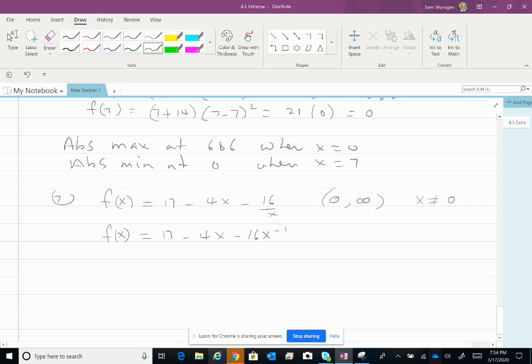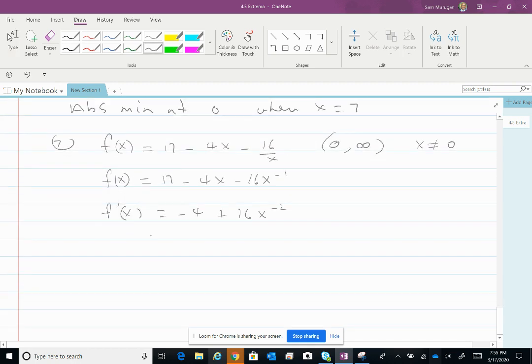So f prime of x is negative 4. Negative 1 times negative 16 is positive 16x to the power negative 2. And if we set this equal to 0, well, we can probably factor out negative 4 here. We would have 1 minus 16x squared, x to the power negative 2 is equal to 0.